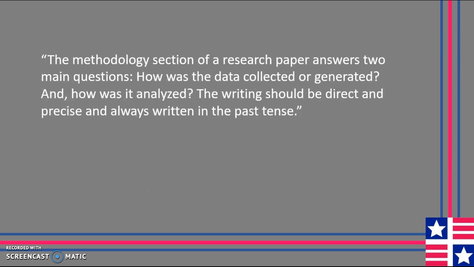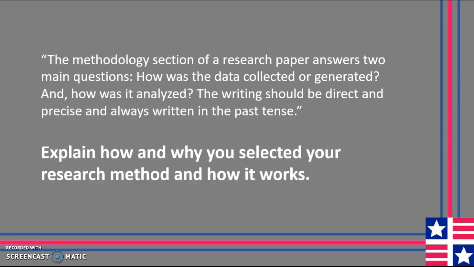A methodology section of a research paper answers two main questions. How is the data collected or generated, and how is it analyzed? Writing should be direct, precise, and as always, written in the past tense. Basically explain how and why you selected your research method and how it works. And I'm here to tell you, the how it works part is far more important than the how and why you selected the method.